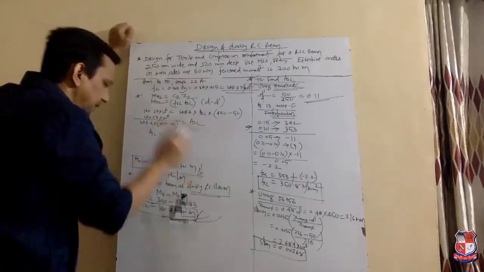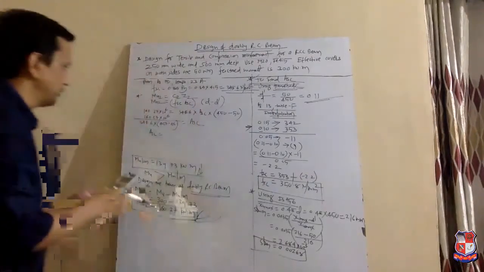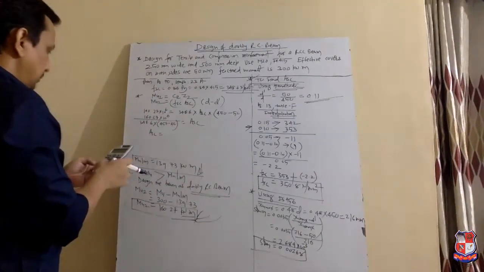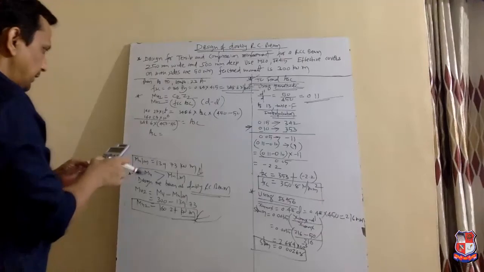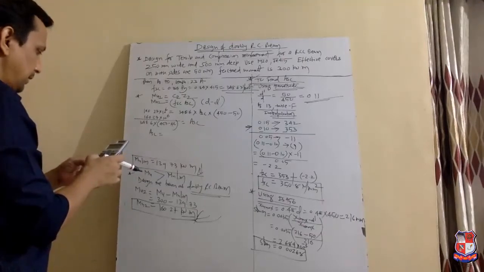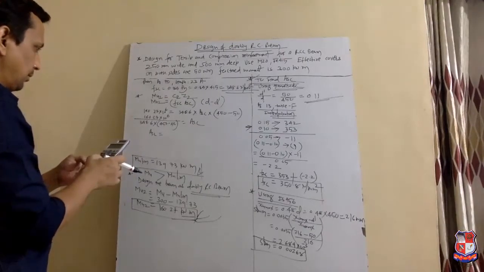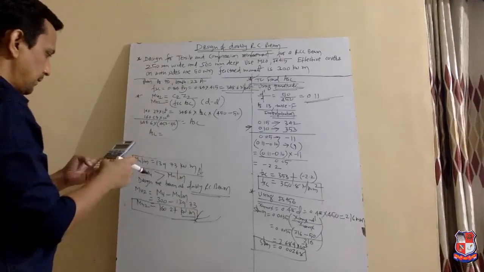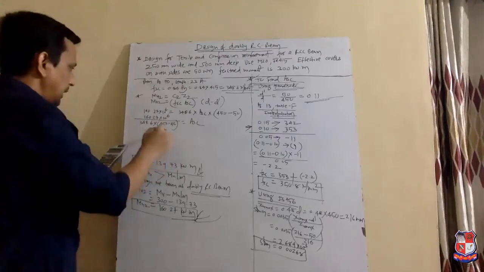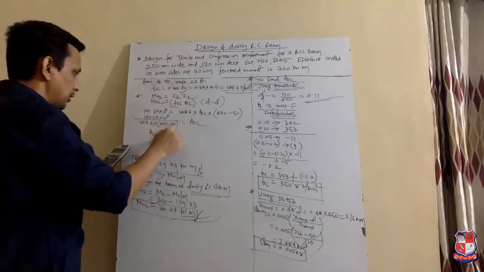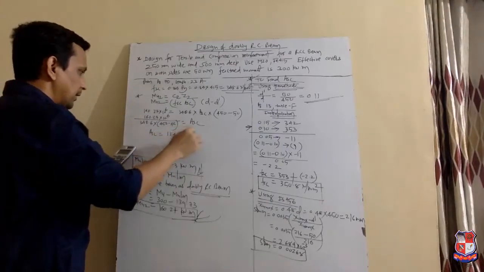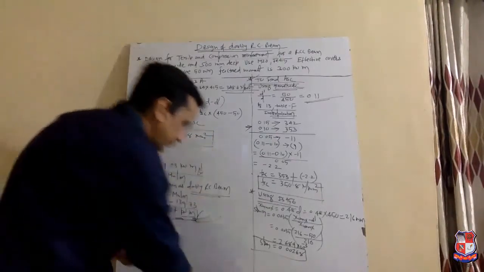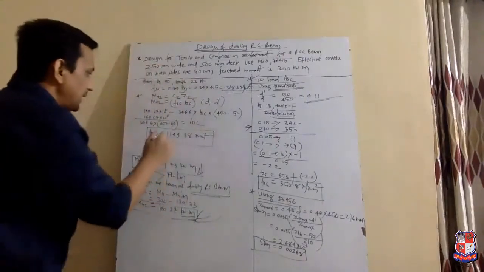That's why we get ASC is equal to 160.27 into 10⁻⁶ divided by 348.6 into 450 minus 50, you can say 400. That gives 1149.38 mm square.